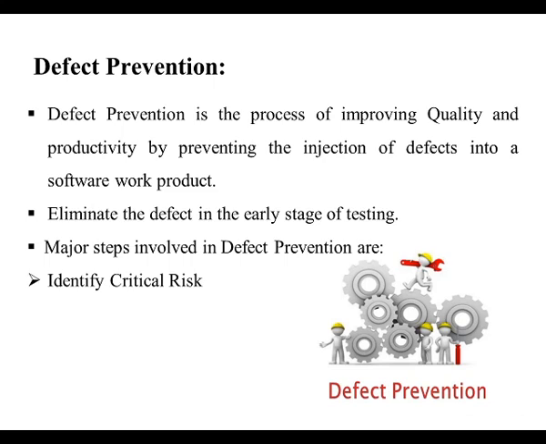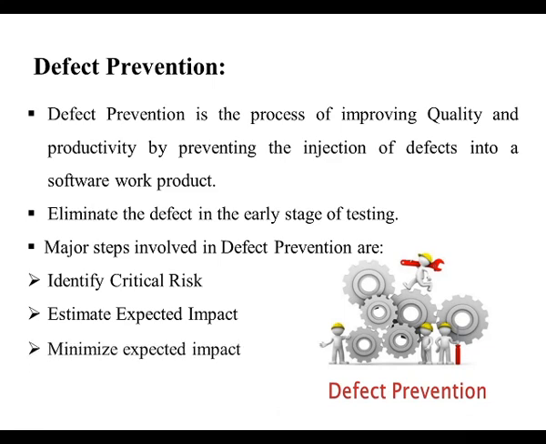Identify the critical risks in the system which will have more impact if they occur during testing or at a later stage. The next major step involved in defect prevention is to estimate the expected impact. For each critical risk, calculate how much the financial impact would be if the risk is actually encountered.